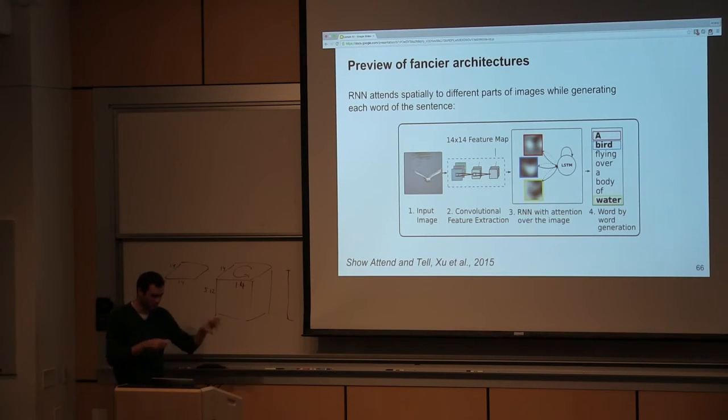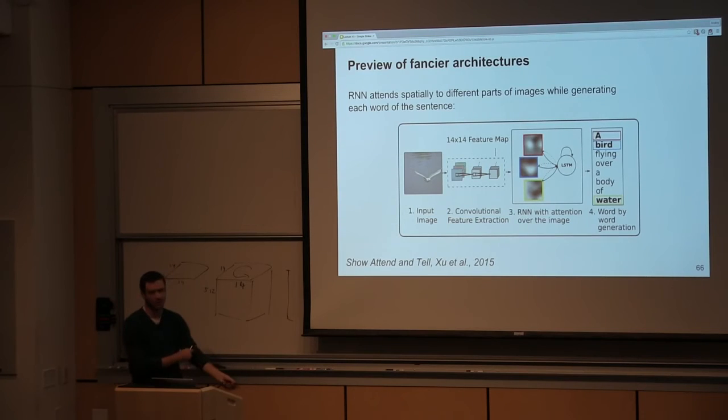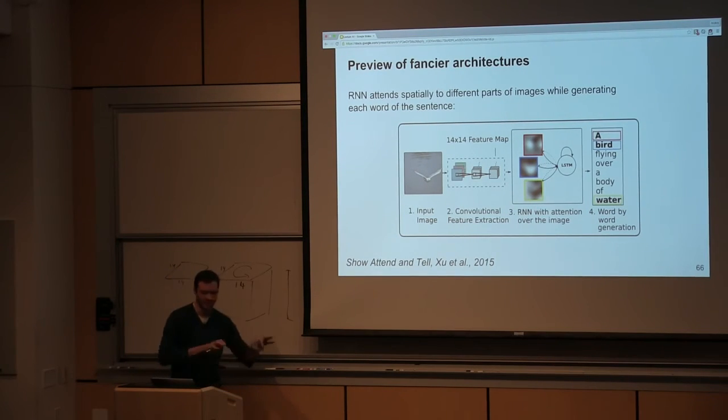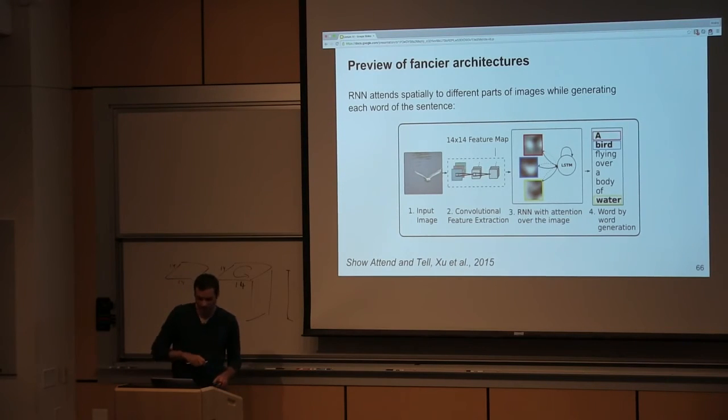So you can just do lookups into the image while you're describing the sentence. This is something we refer to as soft attention, and we'll go into this in a few lectures. We're going to cover things like this, where the RNN can have selective attention over its inputs as it's processing the input. I just wanted to bring it up roughly now, to give you a preview of what that looks like. Okay.